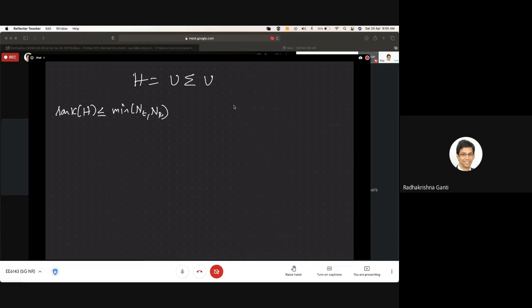Sigma contains something called the singular values. The number of singular values will be equal to the rank of the matrix. Remember, U is NR cross NR, V is NT cross NT, so sigma will be an NR cross NT matrix.